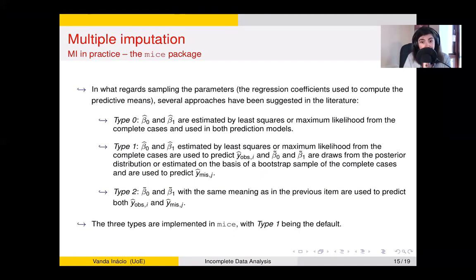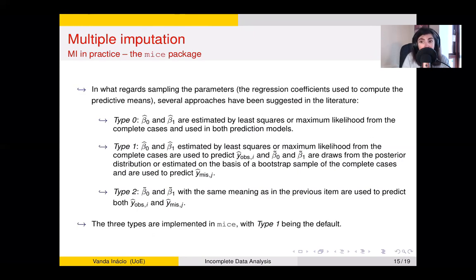And there are several types of matching, or ways to estimate the parameters. Type 0: we estimate beta 0 and beta 1, both for predicting the observed and the missing cases, by least squares or maximum likelihood from the complete cases.